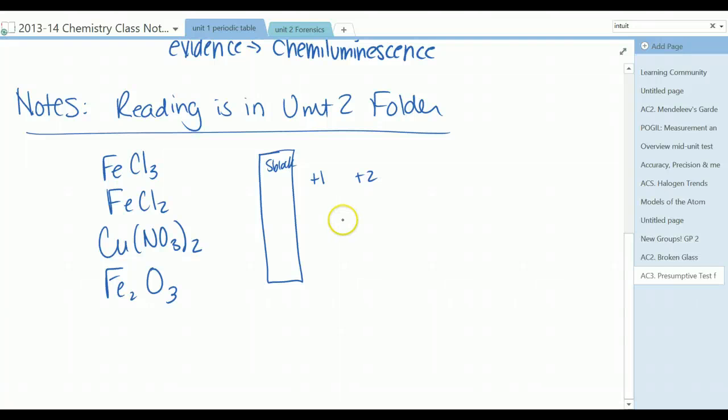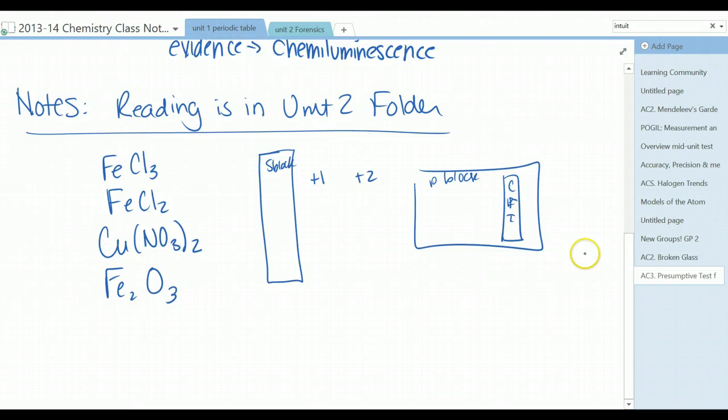And so you get your +1 and +2 ions. Then over in the P block, remember things like the halogens, chlorine, fluorine, iodine, it's not Fl, it's just F, isn't it? They had very high ionization energy, so it's very hard to get rid of an electron, so they were very willing to take on an electron, and they would form your -1, -2 ions.